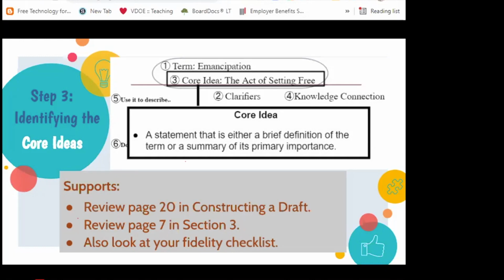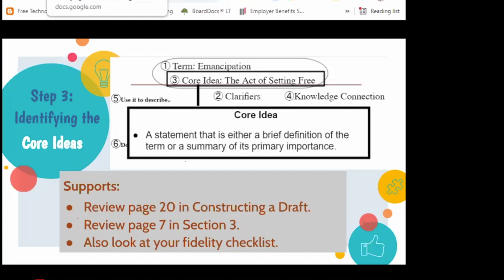It doesn't have to be the definition. It's a brief statement, a definition, or a summary of its importance. It is not long. It is really short, to the point, and very specific.